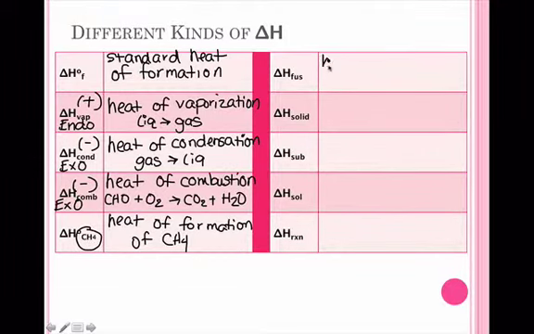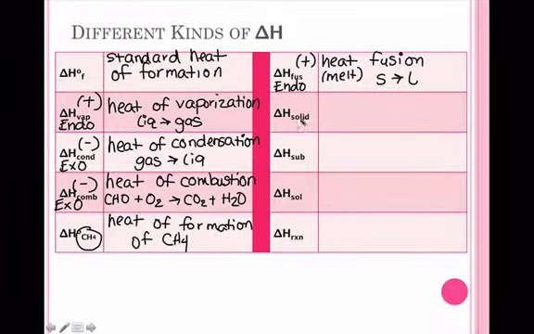This one right here is the heat of fusion. And remember, fusion is another word for melting. And when we melt, we go from a solid to a liquid. We know that just like when we vaporize, you have to put energy into the system for this to happen. So this is an endothermic process. It's always positive.